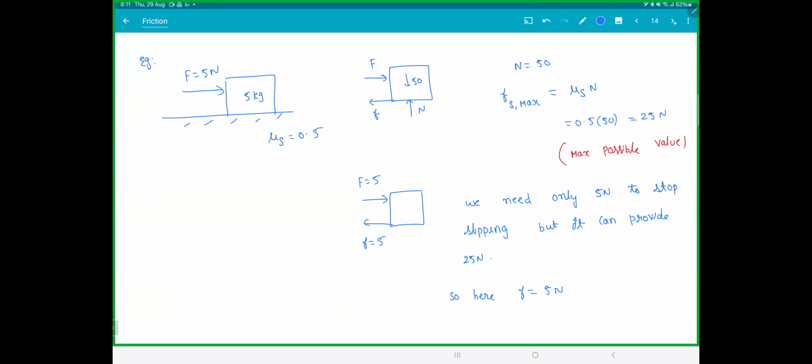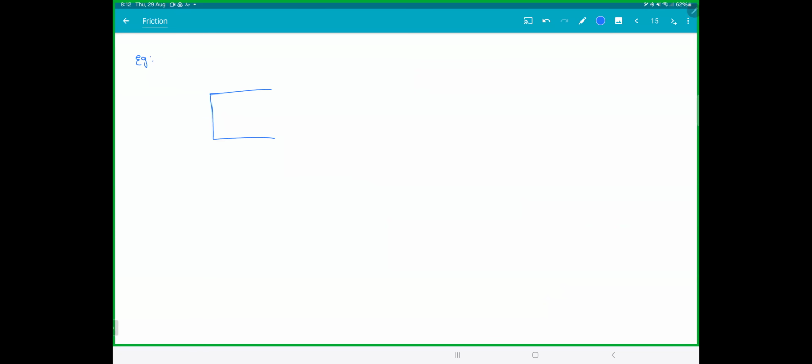Let me give you one more example. You tell me what is the answer for this. Can you find the friction?